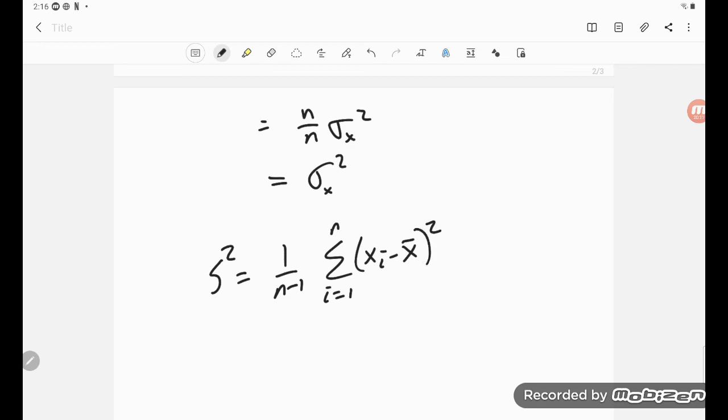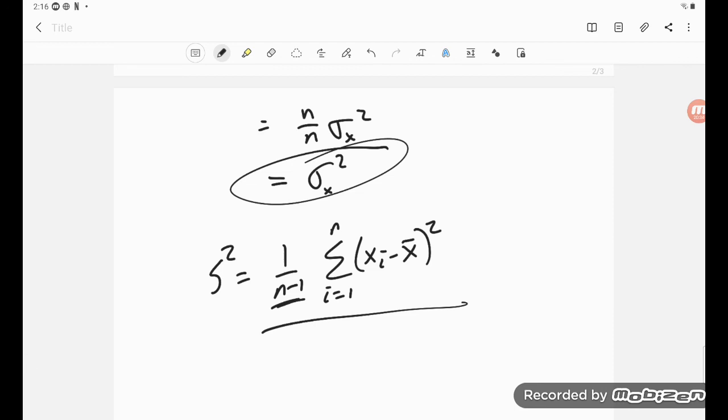So when we use the 1 over n minus 1, where one intuitively might expect to use 1 over n, actually, when we do this, then our expected value of this is indeed the variance of our population. Okay, so the sample variance has an expected value of the population variance. So there we go.